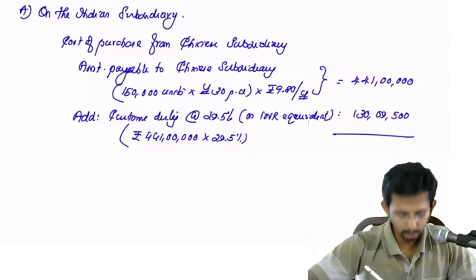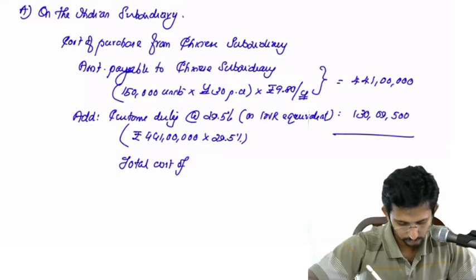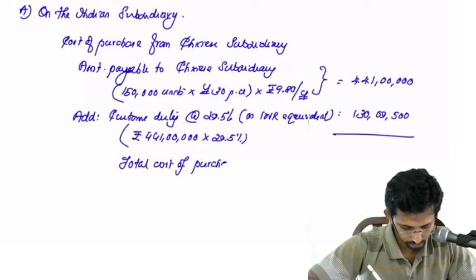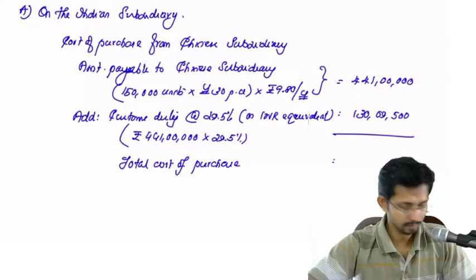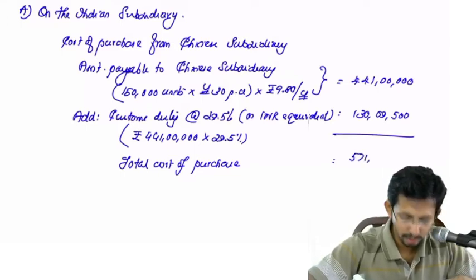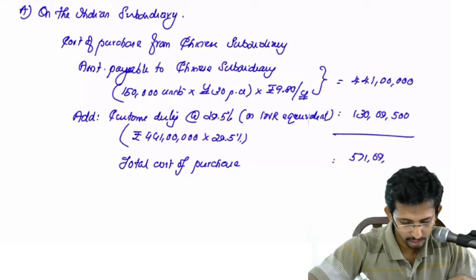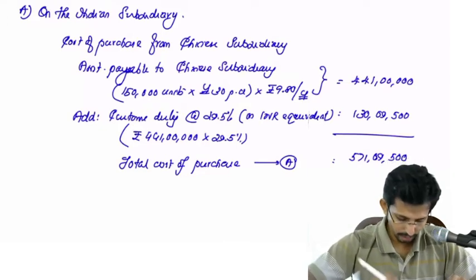So total cost of purchase will be 441 plus 130,09,500. So it will be 571,09,500. This is A.